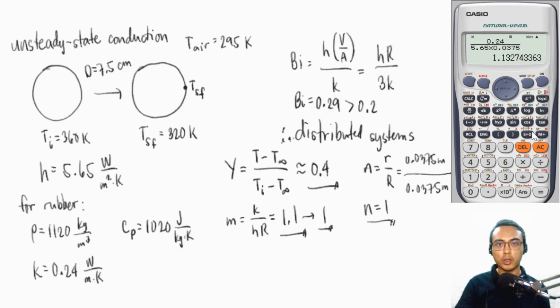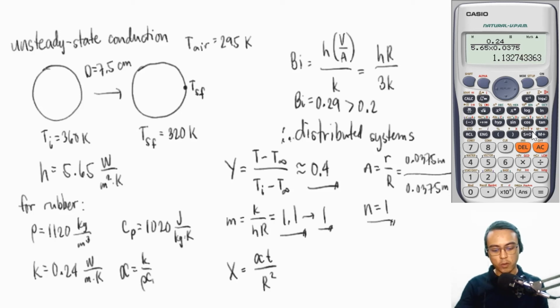Now, the final parameter, if we are using the Gurney-Lurie charts, is X, or simply the Fourier number. For spherical systems, X is defined as alpha t over R squared. Alpha is the thermal diffusivity of your system, that is equal to K over rho Cp.